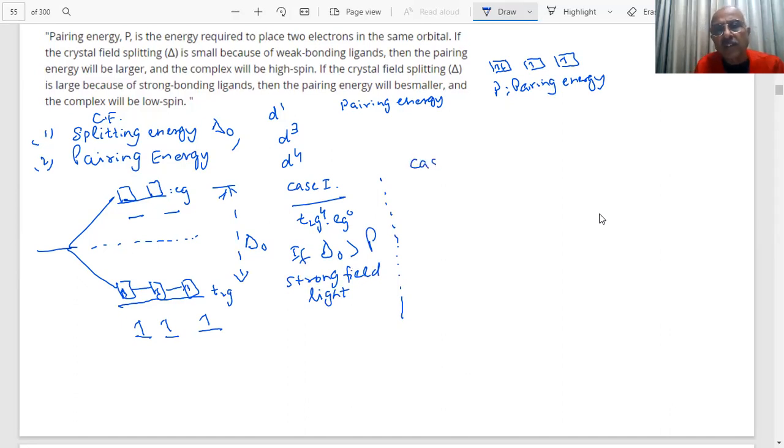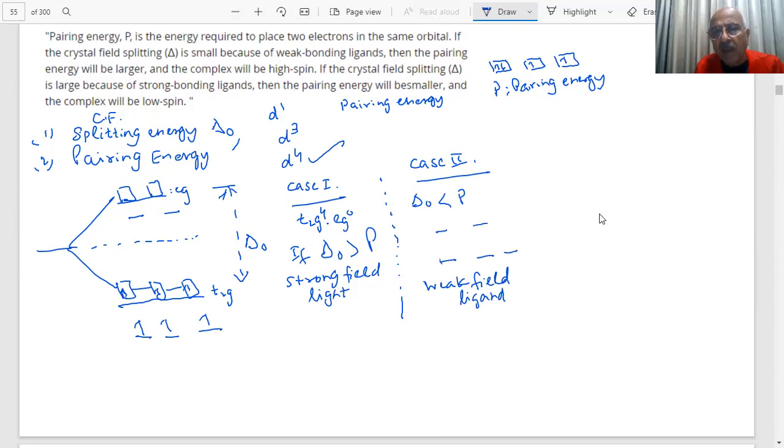And case 2, students, in the case of D4, is when delta O is smaller than pairing energy. This will happen in which case, students? Weak field ligand. And in that case, what will happen, students? This was 1, 2, 3.